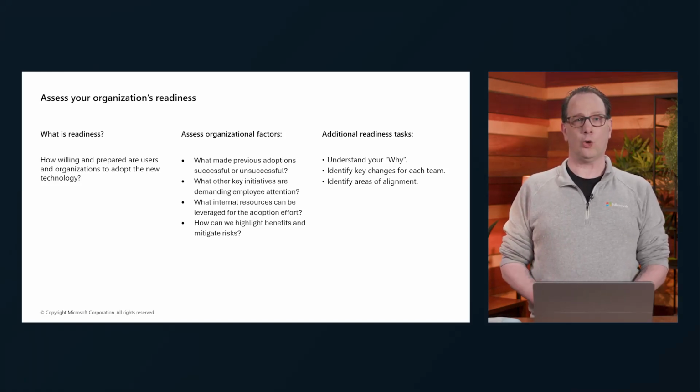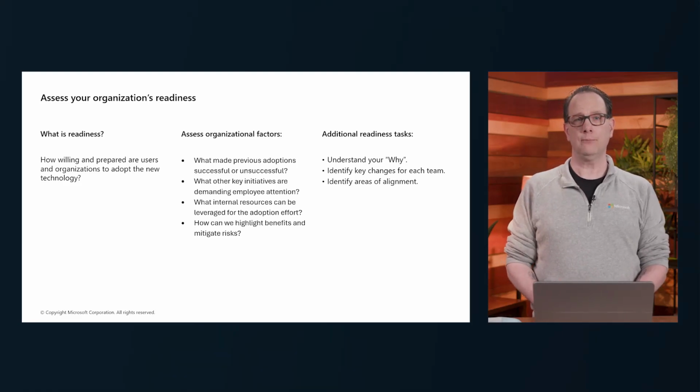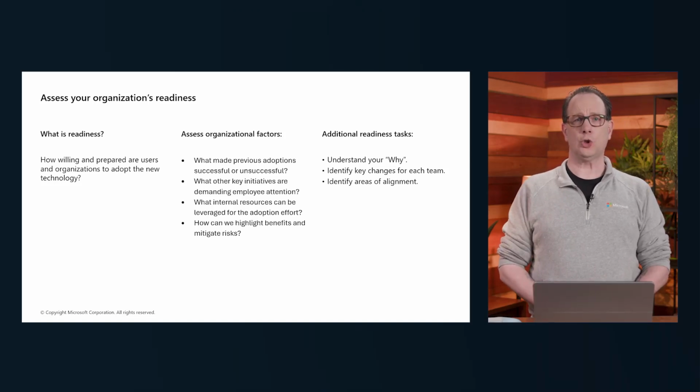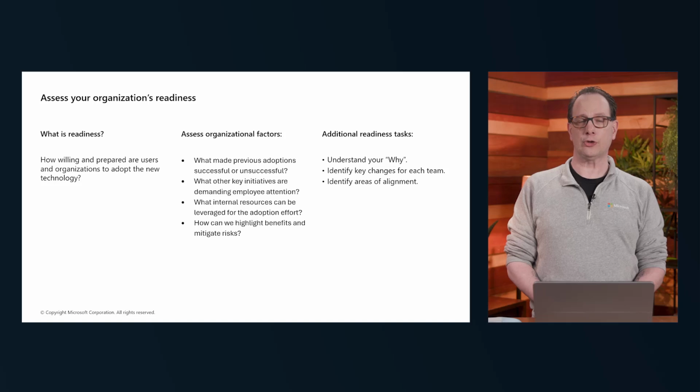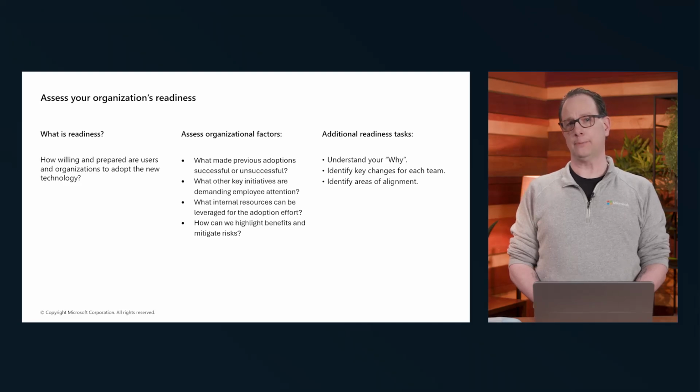Looking at different organizational factors, which could be success or, why not, failure rate of maybe previous technology adoption or transformation projects, what kind of internal or maybe external resources can be leveraged? What are the different tasks we need to go through to eventually guarantee success?